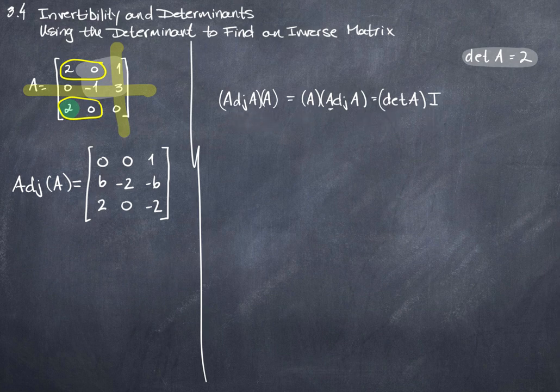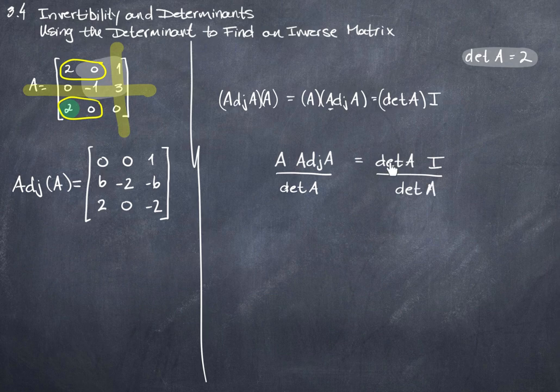What I'm going to do is take this one and this one. That's just the way that the algebra works for me. A times adjoint A equals the determinant of A times I. And the next thing I'm going to do is divide both sides by this value. This is just a numerical value, right? We found it for matrix A, we found it was just 2. So it's just a number. I'm going to divide both sides by the determinant of A. In our particular example, it would be like saying divide both sides by 2.